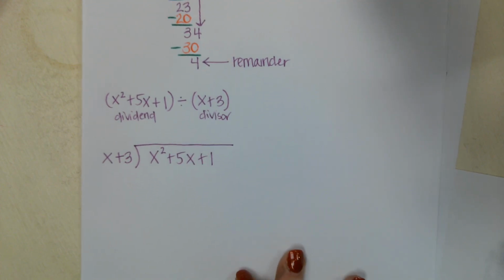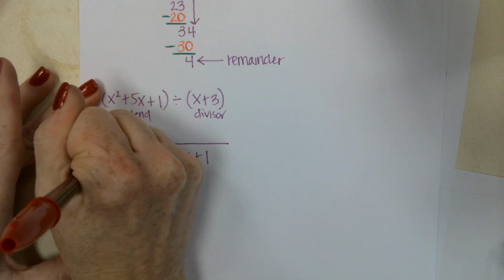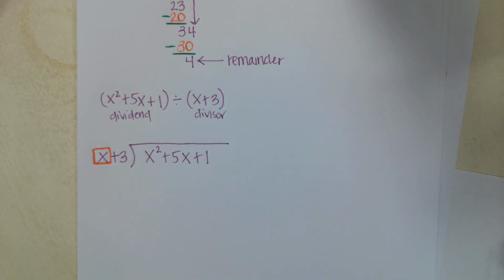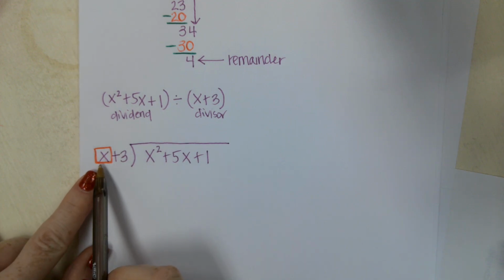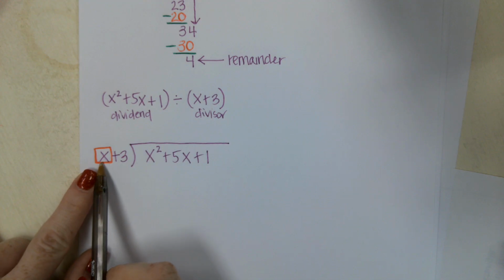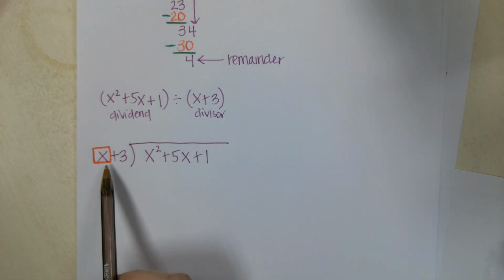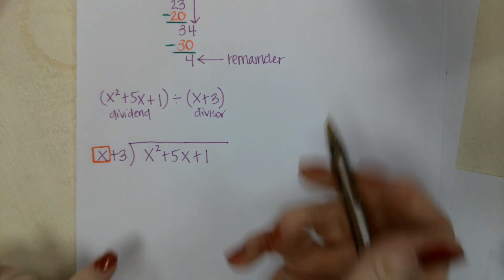Now, with long division, I need to pay special attention to this x that's sitting out front, okay? It's almost like I'm asking, how many times will x go into x squared? Or, what would I multiply by x to give me x squared exactly?